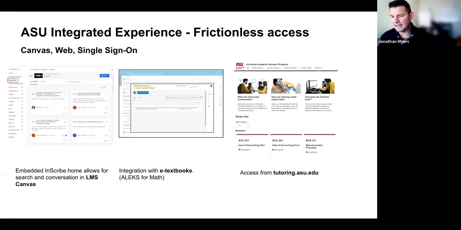And then the other platform integration: Alex with McGraw-Hill, for our Math 117 course, has been a resource. We've been able to embed our Inscribe communities channels for that integration, so students, as they're in their workspace, can see the questions and suggestions.